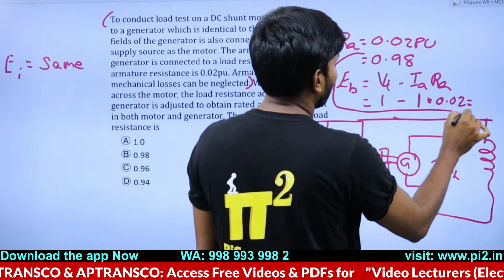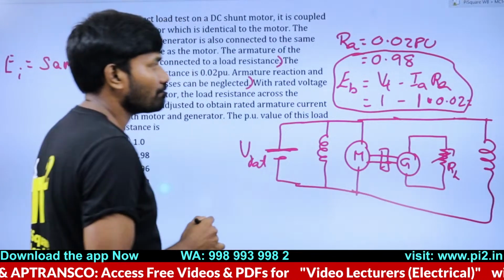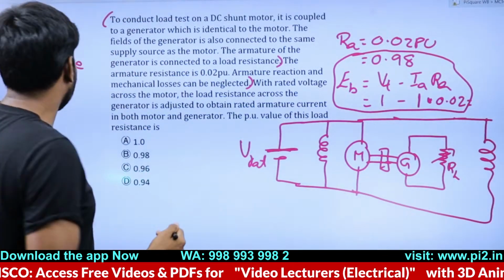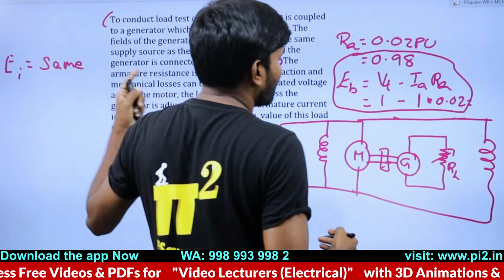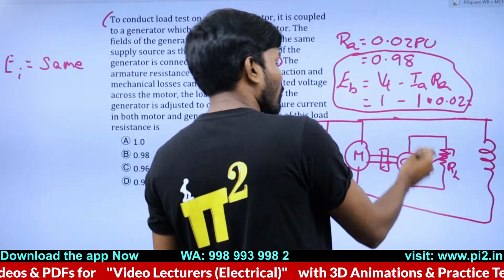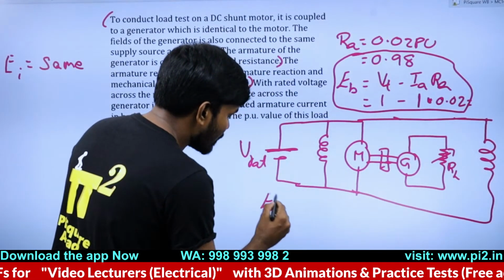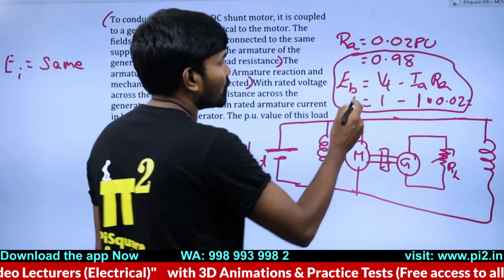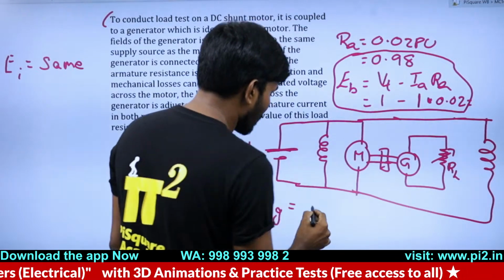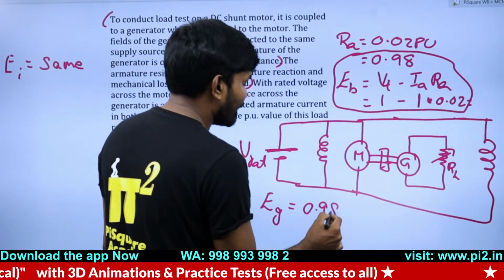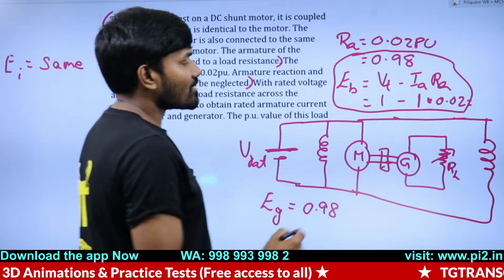This Eb is 0.98. With the same induced EMF concept, the generated EMF Eg is also 0.98.